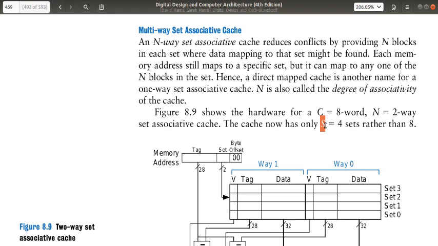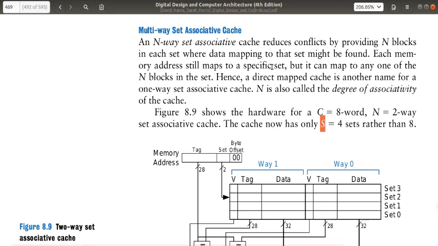And we had said that in direct mapping n was 1. That is, for every set there is only one block, and therefore the number of sets would be equal to the number of blocks in the cache memory, and in the earlier case therefore s was 8.